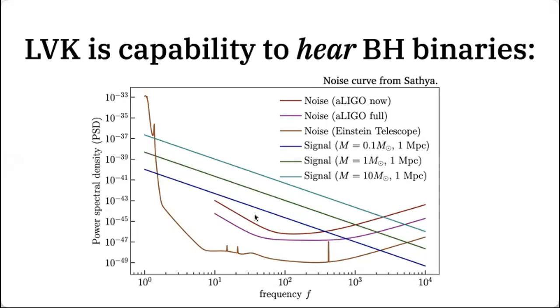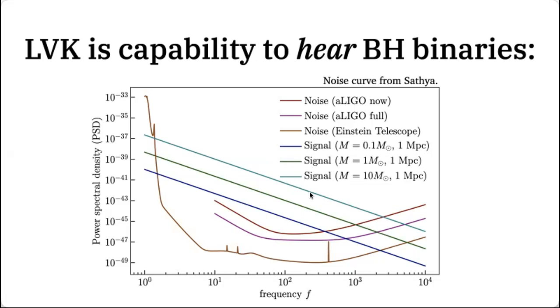This red line is the noise curve for Advanced LIGO, where now means as of 2018. I think at the moment it would be in between these two curves, because this magenta line is Advanced LIGO at its full upgrade, and this bottom line is the noise curve for the Einstein Telescope.